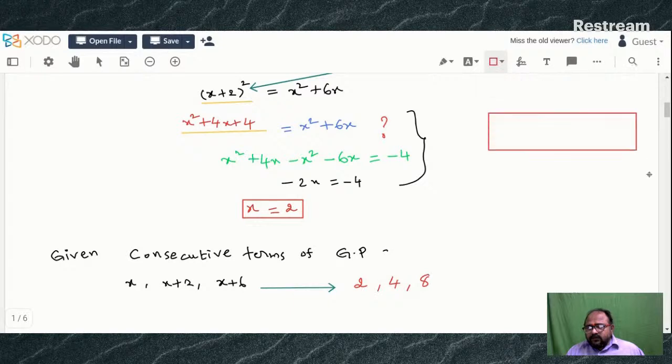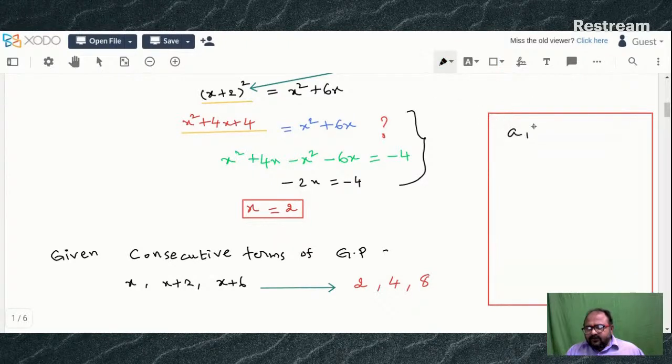Now, generalizing the concept, if A, B, C are in a geometric progression, then B by A equal to C by B, and this is the common ratio R. From this you can write B square equal to AC.